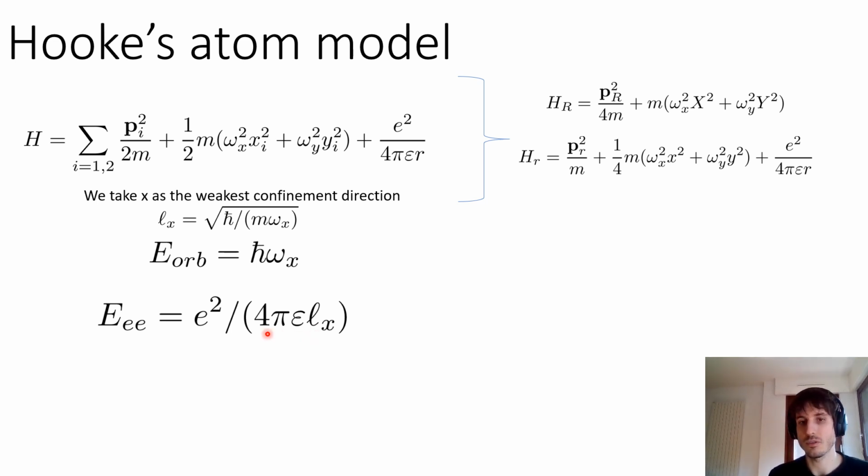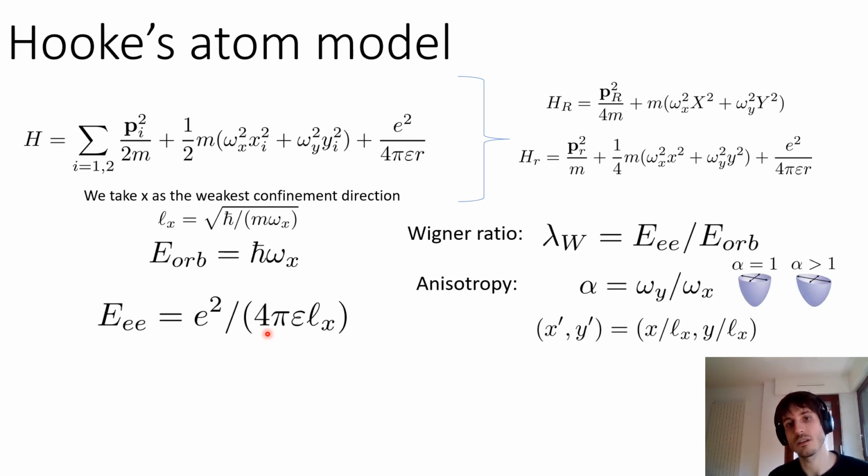So, with this, we can actually define a couple of adimensional parameters, which are called the Wigner ratio. And this is basically the ratio between your electron-electron repulsion over the orbital splitting. This basically tells you how strong your electron-electron interactions are.